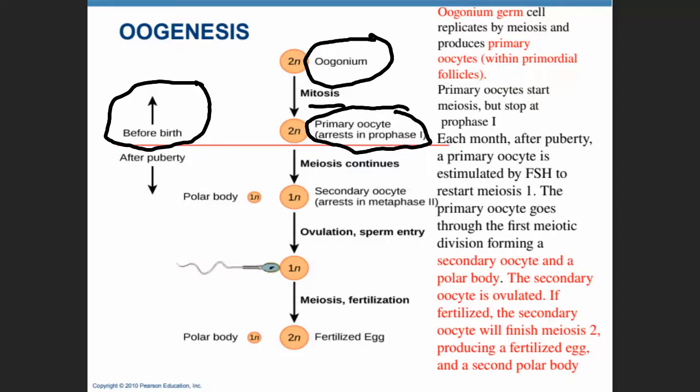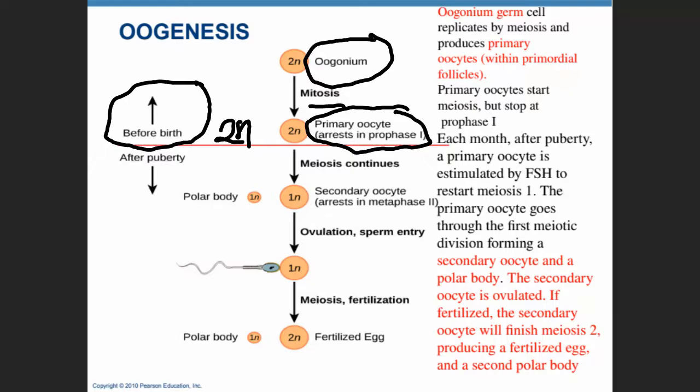It stops right at prophase 1. So now we have a primary oocyte, which is a 2N cell that has started the first part of meiosis, meiosis 1, but it did not finish it.